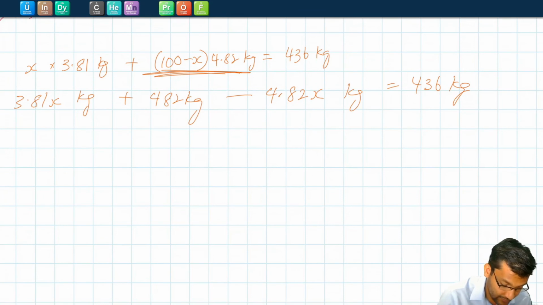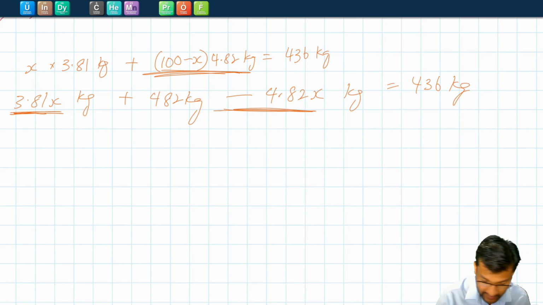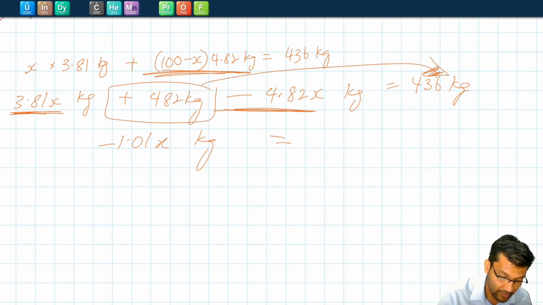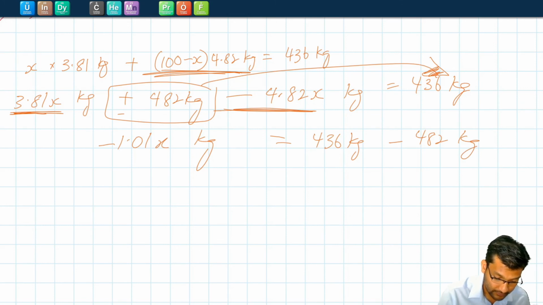So we have 3.81X minus 4.82X gives us minus 1.01X kilograms. We take this onto the other side by subtracting on both sides. So we have 436 kilograms minus 482 kilograms on this side.